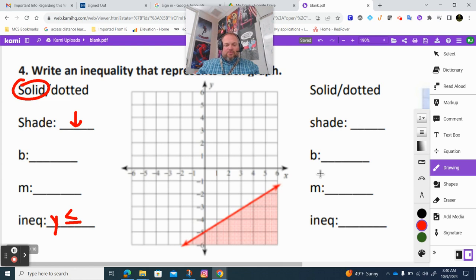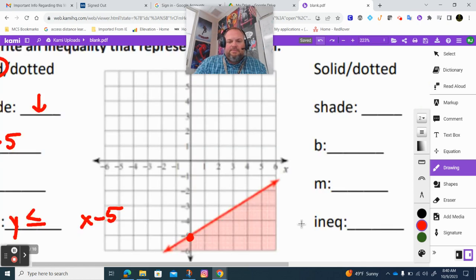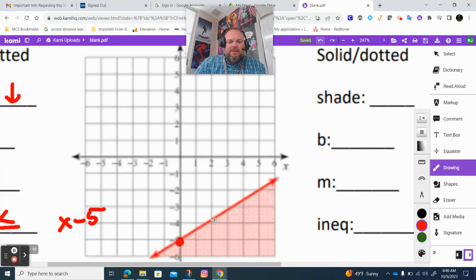Our b is right here, and our m looks like it goes from here to here. Okay. So, all right, look at the graph.